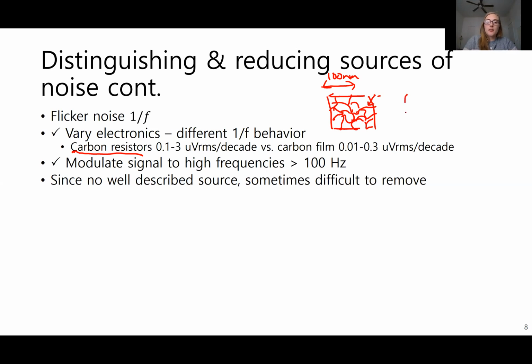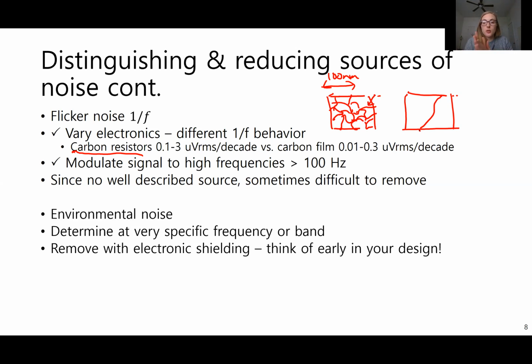But if instead you use the fancier carbon film resistors, there might only be one grain or one boundary at that length scale. So there's a lot less flicker noise there. The problem is these carbon film resistors are more expensive. That's why we're not using them.